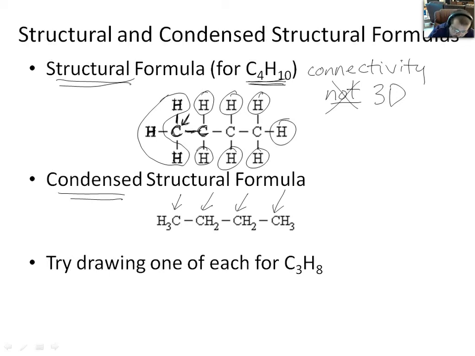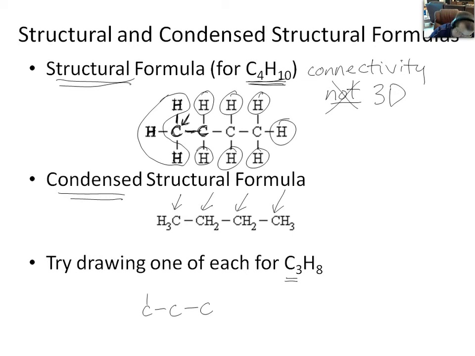So let's try drawing one of these for C3H8. Well, the molecule at the top had 4 carbons in a row. We would call that butane. If we have C3, that's going to be propane. And we're going to draw all of our carbons in a row. And think back to how many bonds each carbon needs.